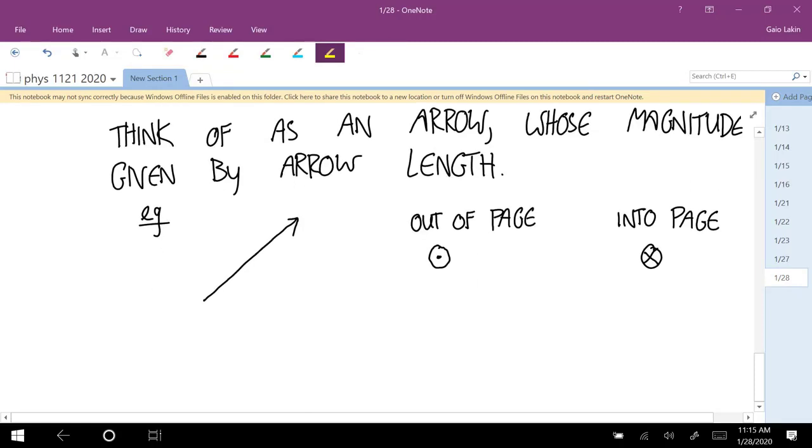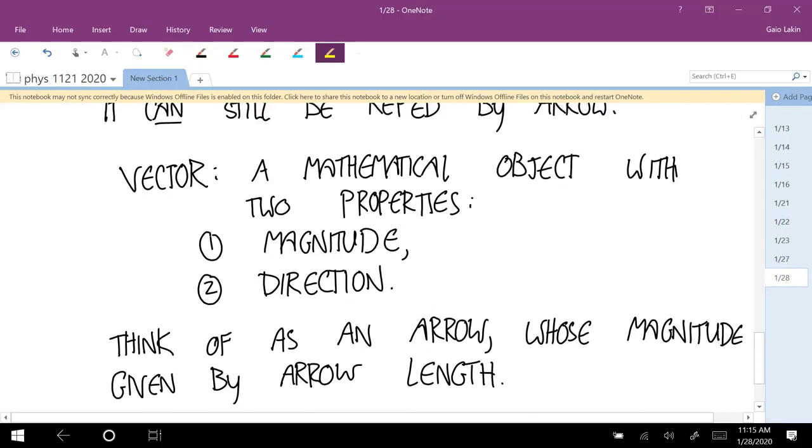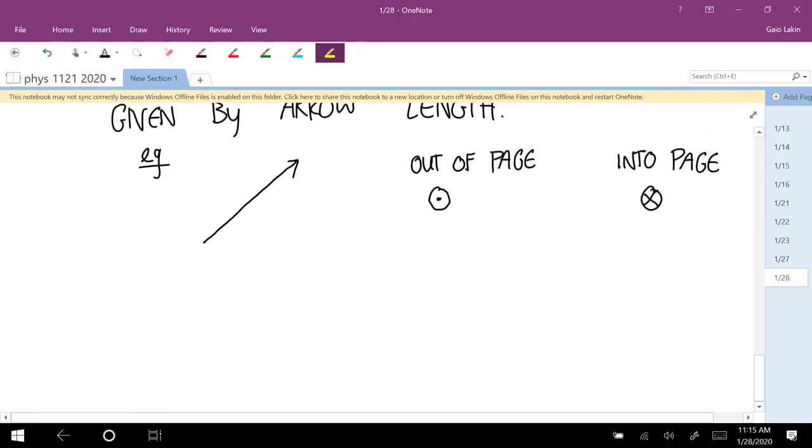One thing to keep in mind, so I said these are important. These are going to show up on a quiz at some point. But something else that's important to remember is that neither of those 2 properties is a location, okay? So a vector does not have a location.